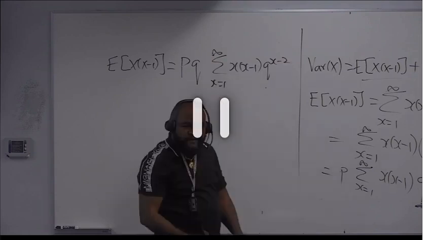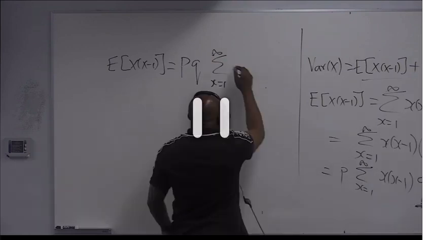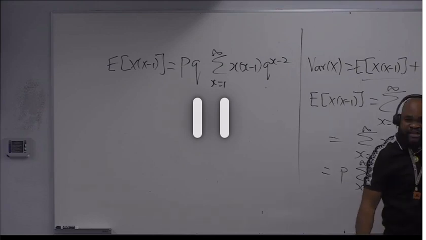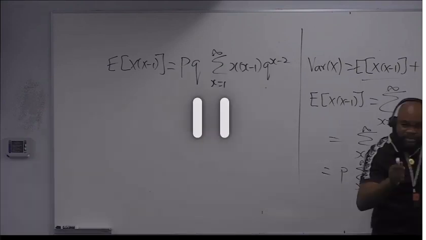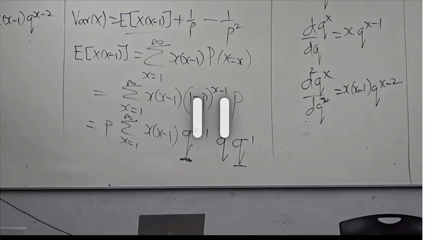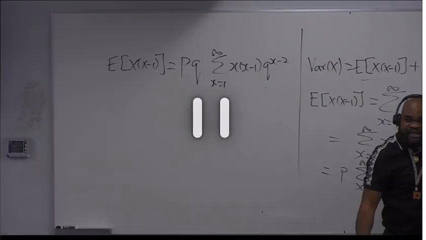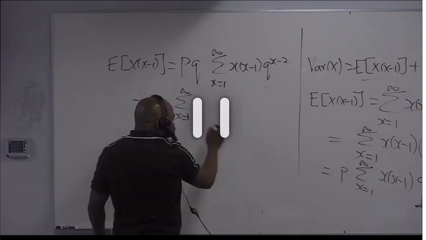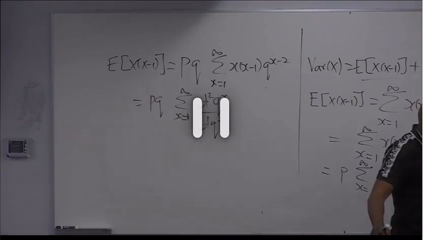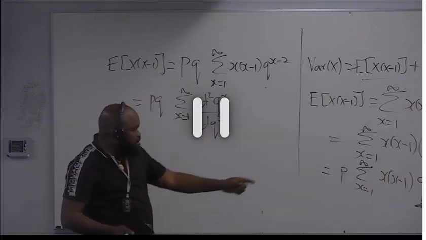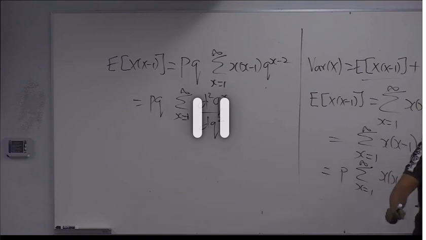Instead of writing that, I'm going to write the derivative. So I have PQ, X from 1 to infinity, of d squared Q to the X dq squared. Do you see what I just wrote? The second derivative is replacing that guy.